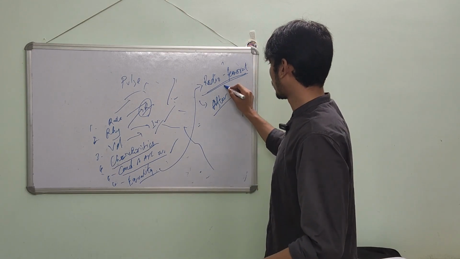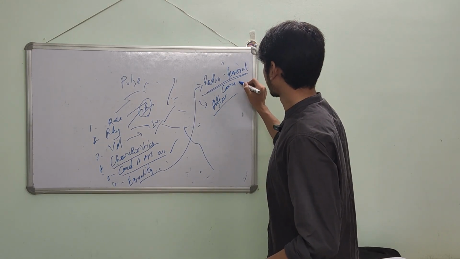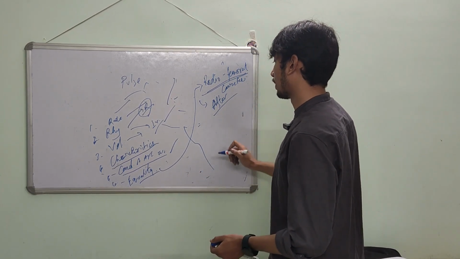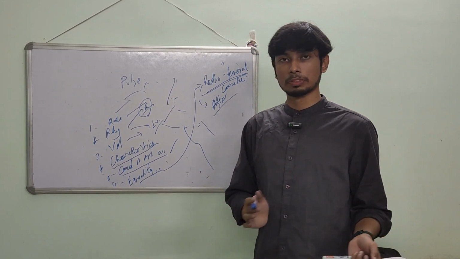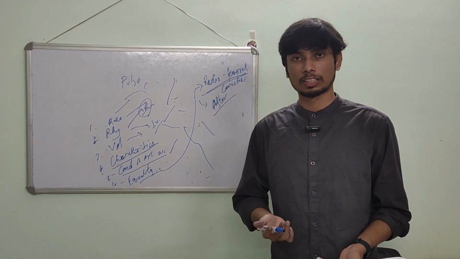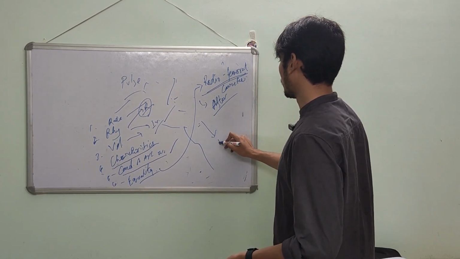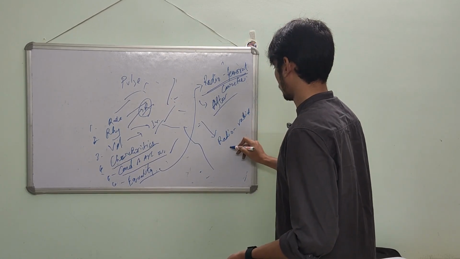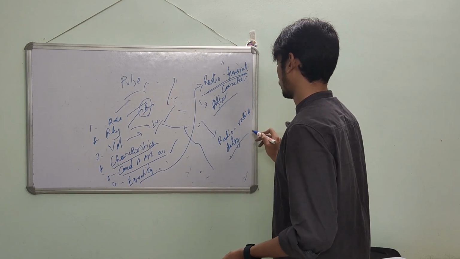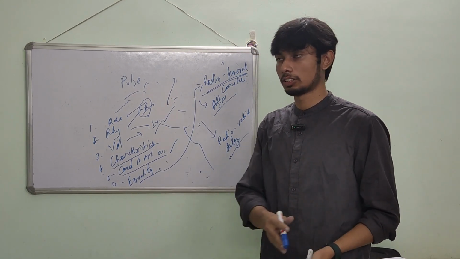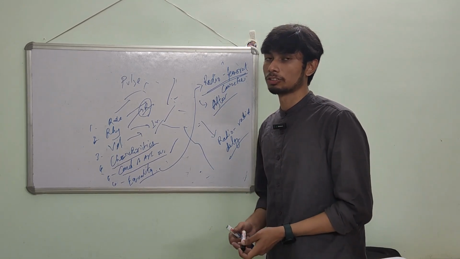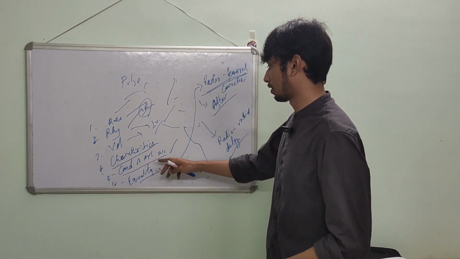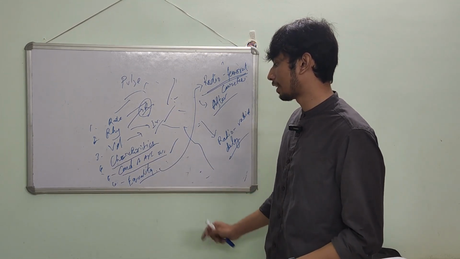And if the coarctation is before the origin of the subclavian artery, then there will be radial delay, right? Before, radial, and after, radiofemoral delay. So these are the conditions. This was all about the condition of arterial wall and equality.